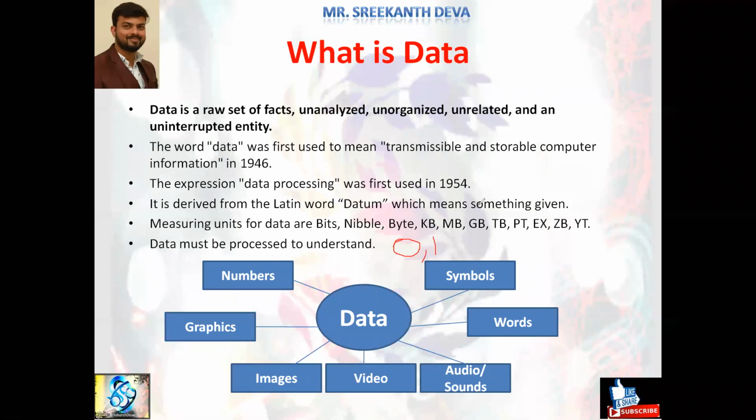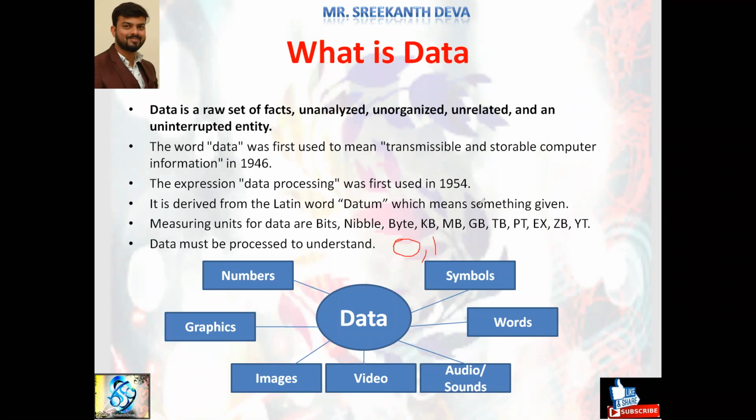Just remember here, data is nothing but raw facts. Data may come from different sectors, like geographical, cultural, transport, educational, natural, scientific, meteorological, statistical, financial.